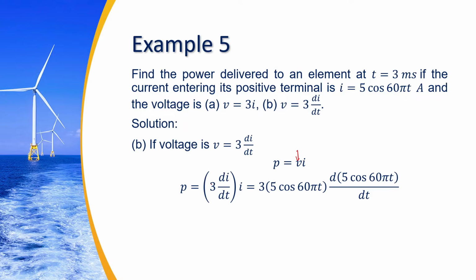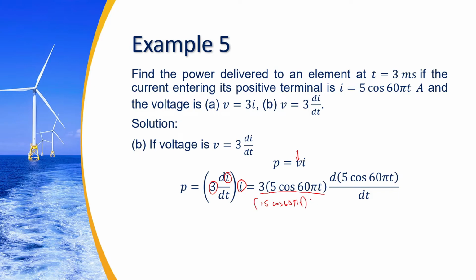So, pwedeng gawin nyo is i-multiply nyo na itong constant natin na 3 at itong I. Saka nyo i-derivative sa 5 cosine 60 pi t. Kasi i-derivative din daw natin yung I. Okay? So, therefore, kapag pinag-multiply natin itong dalawa, makakakuha tayo ng 15 cosine 60 pi t.